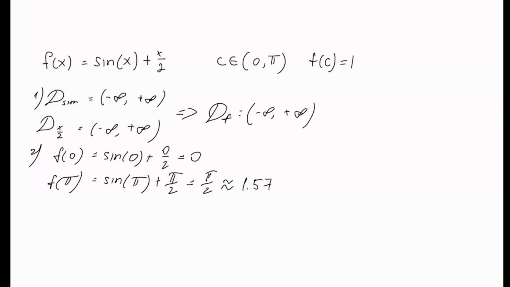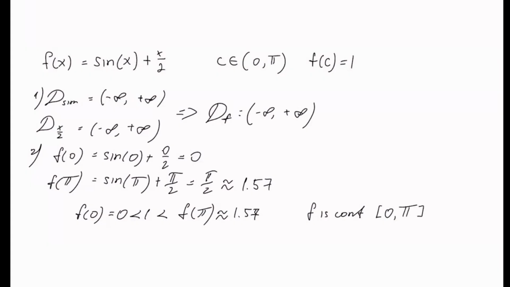Now, since f of 0, which is 0, is less than 1, and 1 is also less than our f of pi, which is approximately 1.57, and also f is continuous on the interval from 0 to pi, by the theorem, there exists at least one c on the interval from 0 to pi such that f of c is equal to 1.